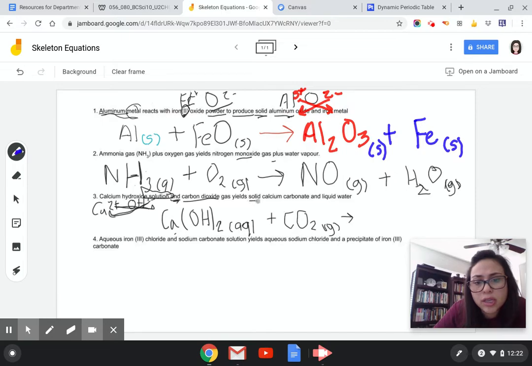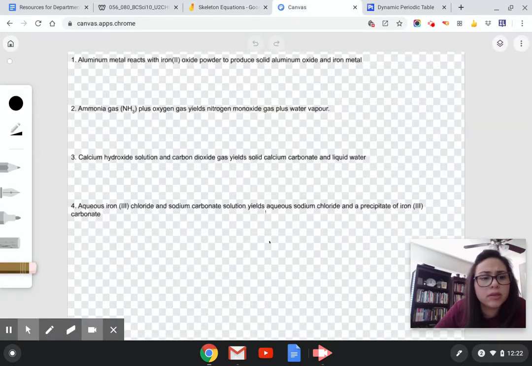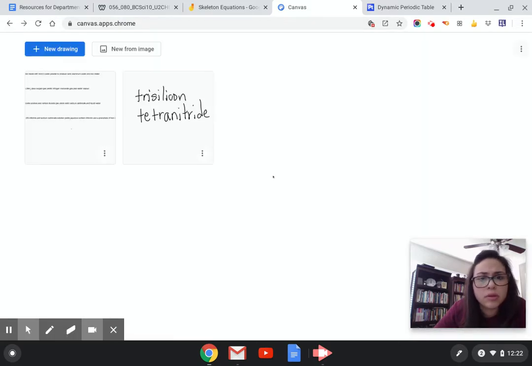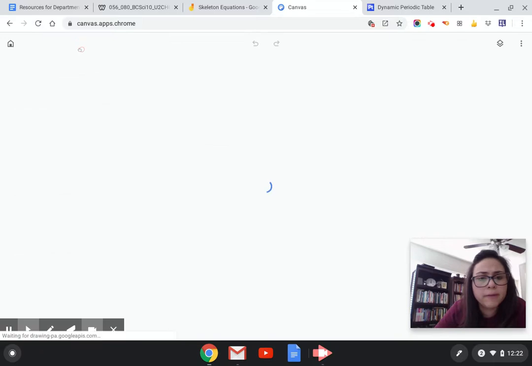And solid calcium carbonate. That's why it's really important to have an understanding of when you're using a polyatomic ion and when you are not. So looking at calcium carbonate, let me go over here and use a new drawing.